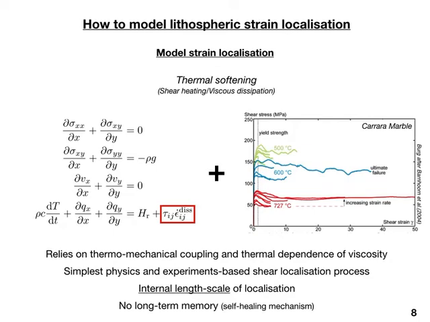One interesting thing here is that shear heating has an internal length scale of localization, but it cannot provide a long-term memory. It's a self-healing mechanism because local temperature production due to shear also diffuses away from the shear band.